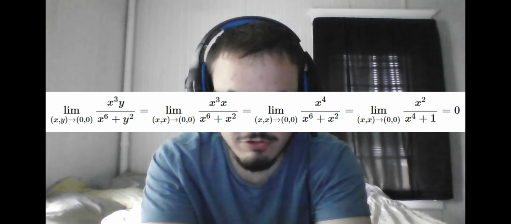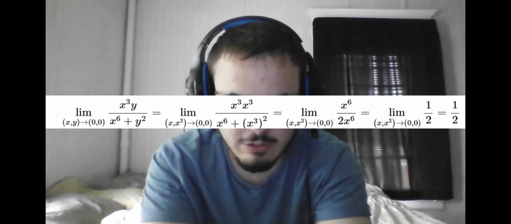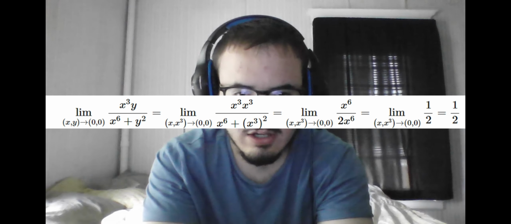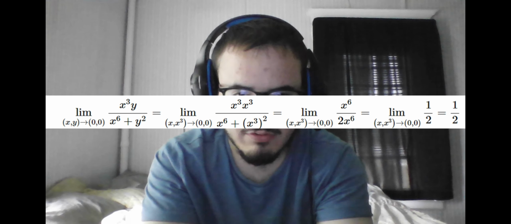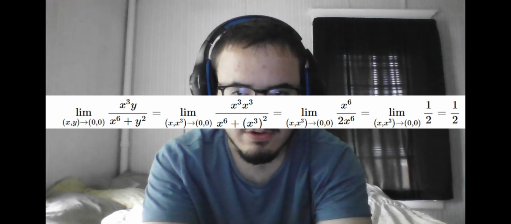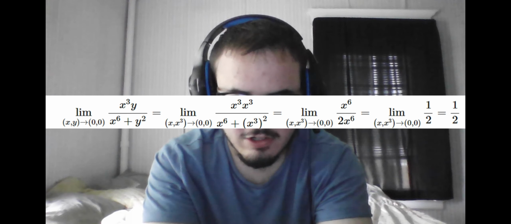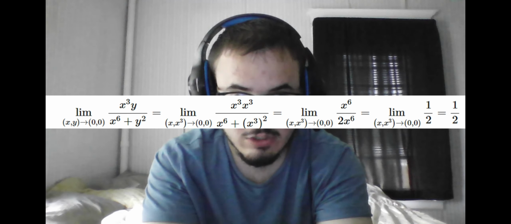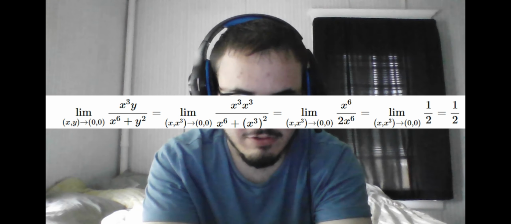And if we choose to use the cubic curve y equals x cubed as our substitution instead, we get x to the 6th power over 2 times x to the 6th power. The x to the 6th power cancels out, we get 1/2 as our limit. And we see very quickly that the limit does not exist, because of the fact approaches from different paths give off different values.